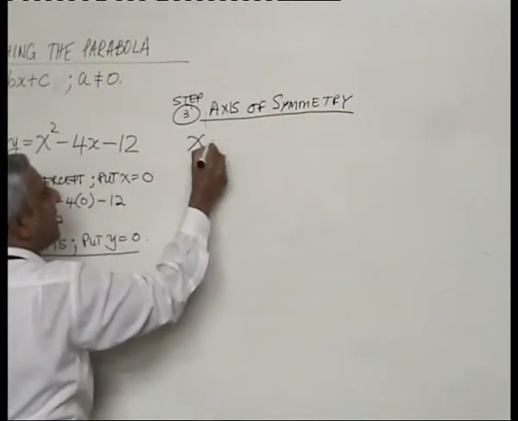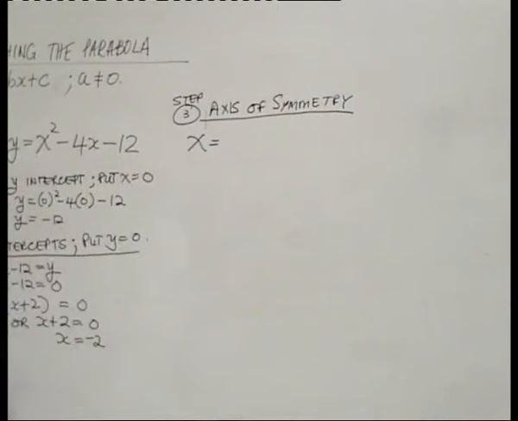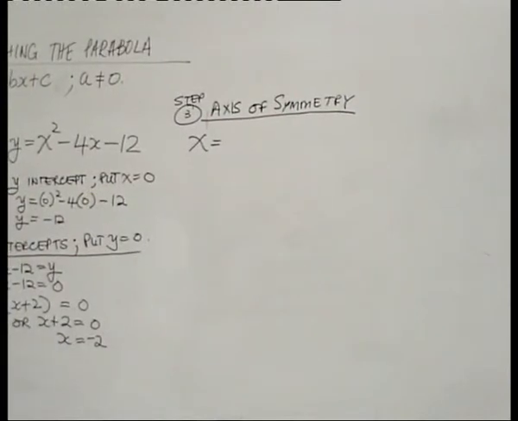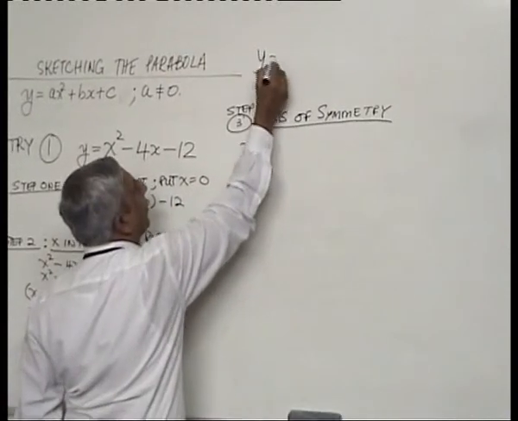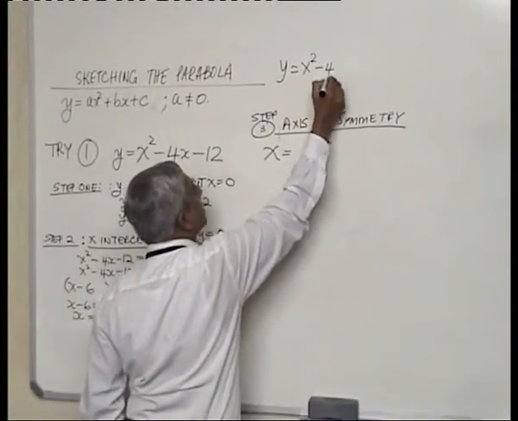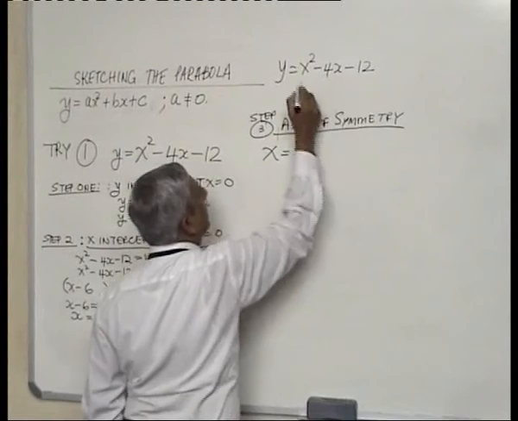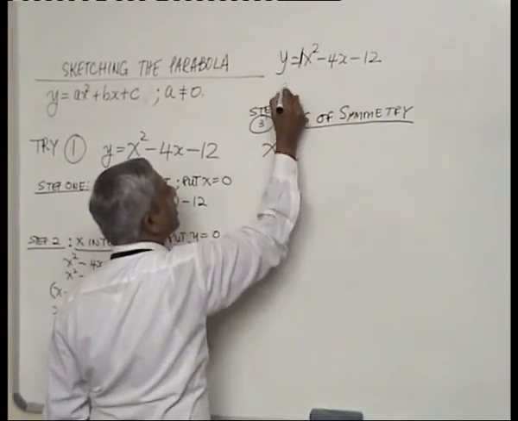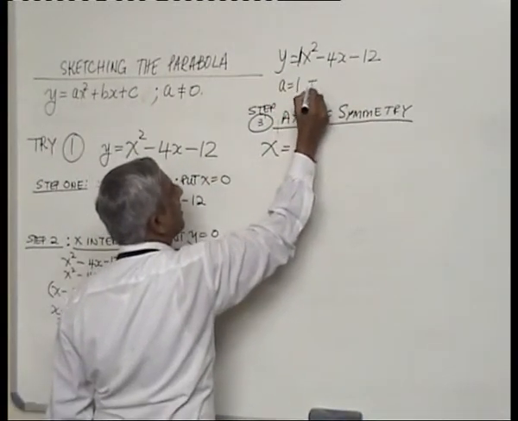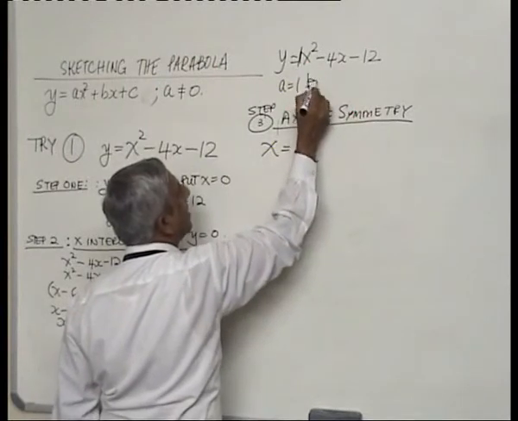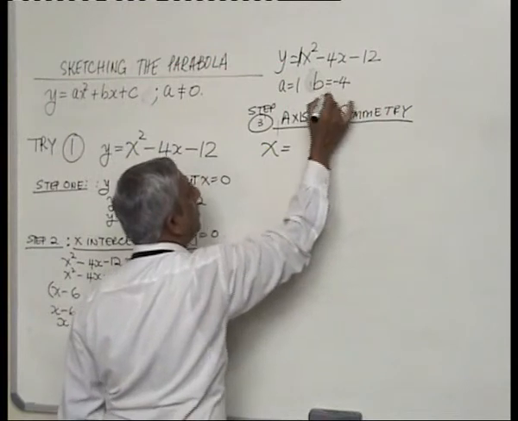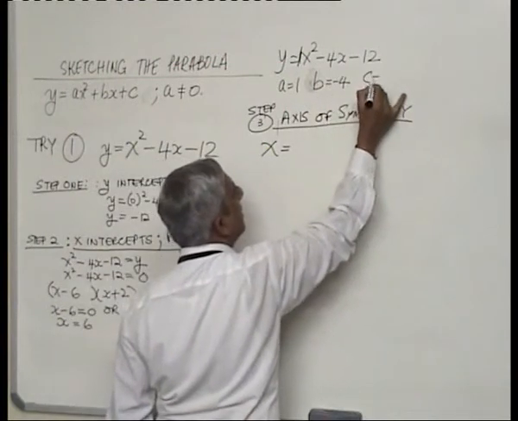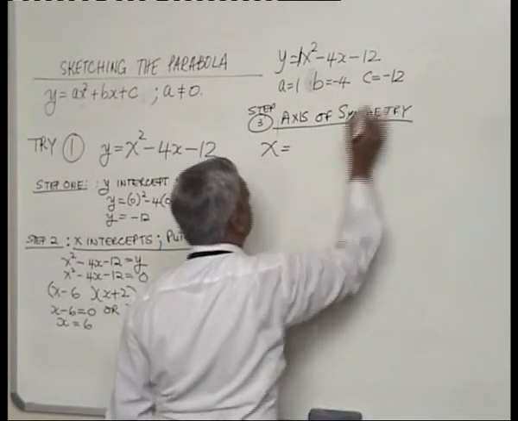Your formula is x is equal to... Well, before we use the formula, we need to identify a, b, and c. So let's write the question down: y is equal to x squared minus 4x minus 12. And that number 1 is understood. So a is 1, b is minus 4, and c is minus 12.